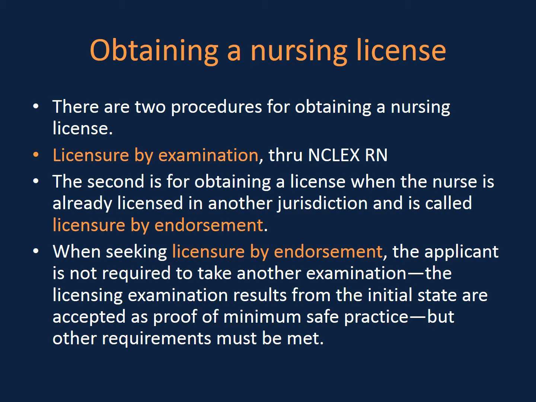The second is for obtaining the license when the nurse is already licensed in another jurisdiction, and it is called licensure by endorsement. So you can transfer your licensure from one state to another, and since we call it licensure by endorsement, you endorse your licensure to another state.